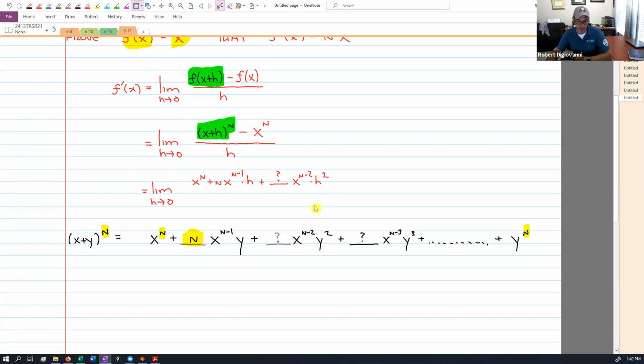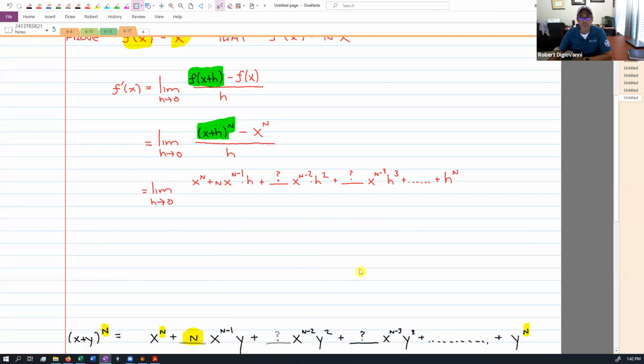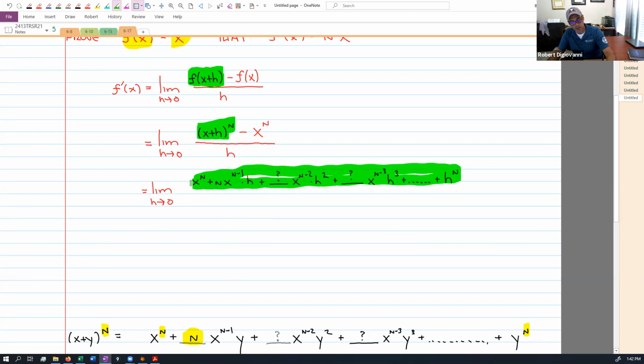So replacing that with h plus some number, I don't care what it is, x to the n minus 3 h cubed. That's this, plus a bunch of crap that I don't even know, and then h to the n at the end. Anybody have a question on that? That's just the green part.